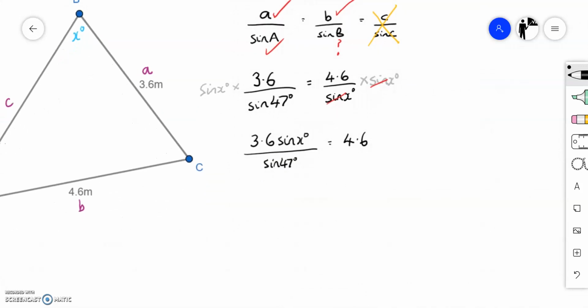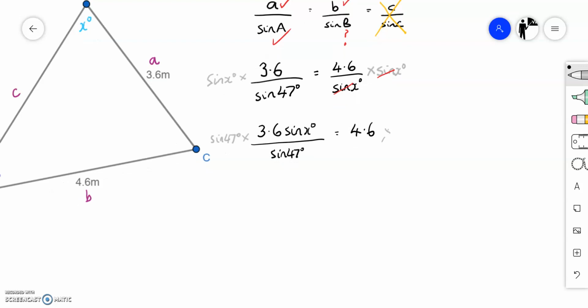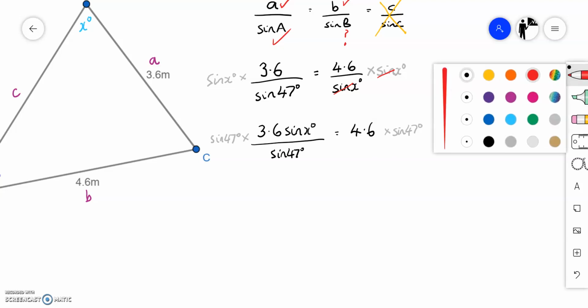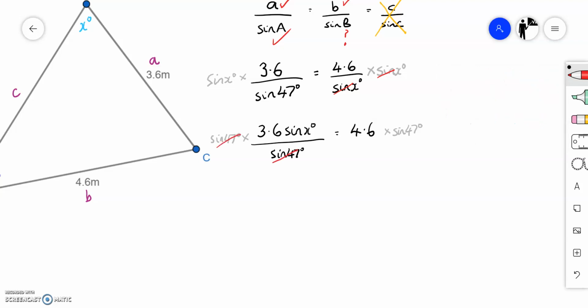We want to make sine x the subject of the formula. We'll multiply both sides by sine 47. We do that because these will simplify. So we've got 3.6 sine x is equal to 4.6 sine 47.